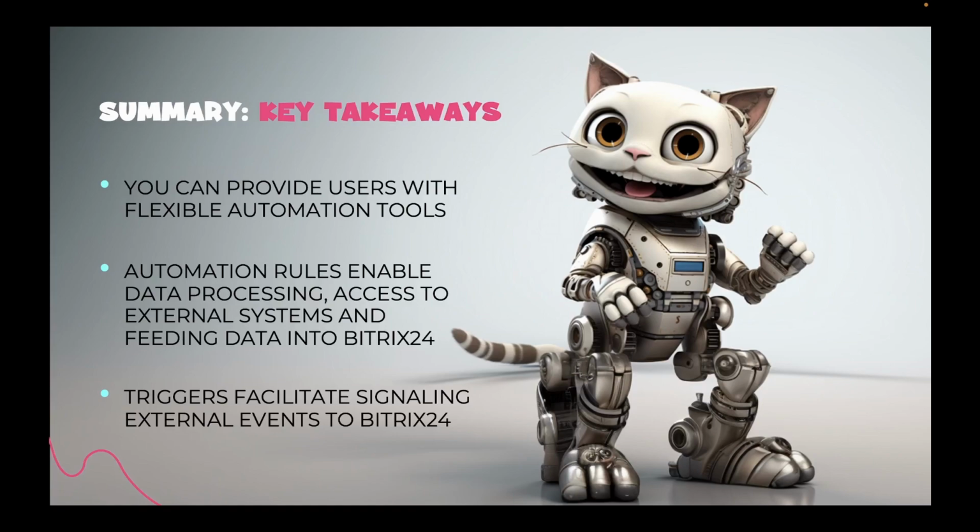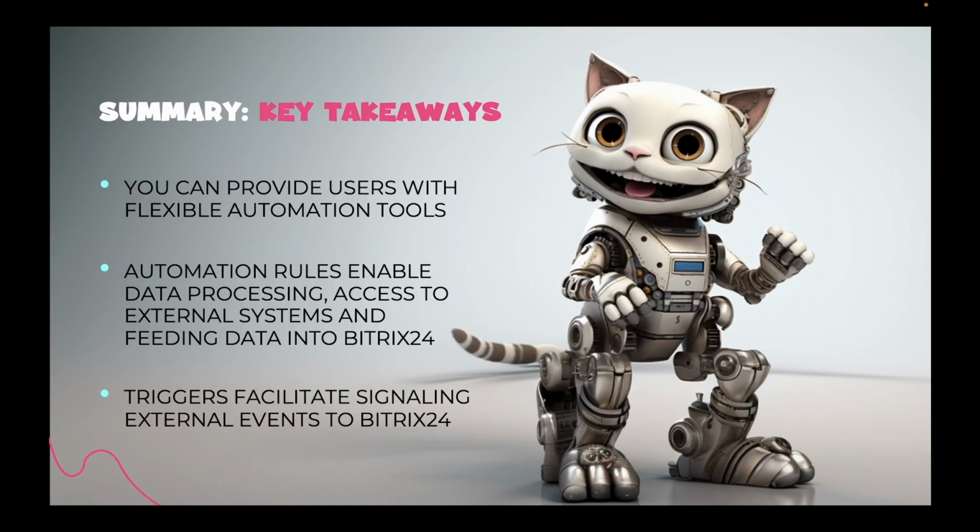By integrating your automation rules and triggers into your applications, you can provide users with flexible tools for automating processes in deal and lead funnels, as well as smart scripts. Automation rules enable complex data processing, access to external systems, and the ability to feed data back into Bitrix24.